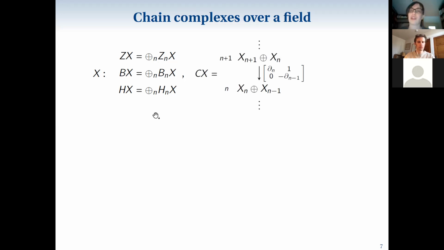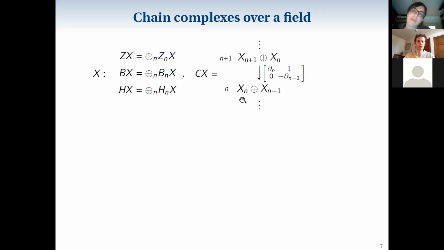Then we can also define a cone. All of these are standard constructions, but I wanted to recall them here. The cone of a chain complex is a chain complex given in degree n+1 by the chain complex itself in degree n+1, direct sum with the degree n of the chain complex.